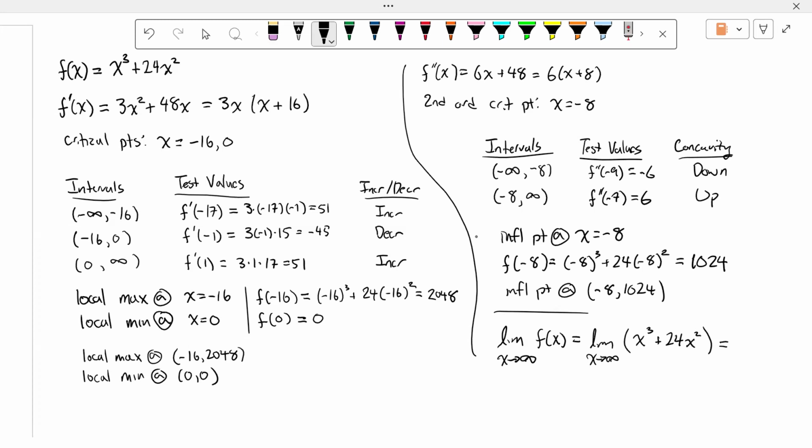Positive infinity, right? Really just matters what the coefficient is. Now what's the limit as x goes to negative infinity? It will be negative infinity, yes. All right. And that's all. Now I leave it to you to plot that.